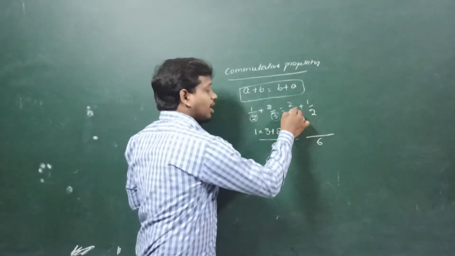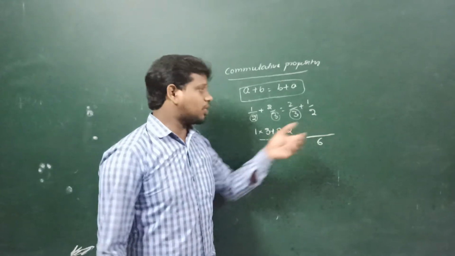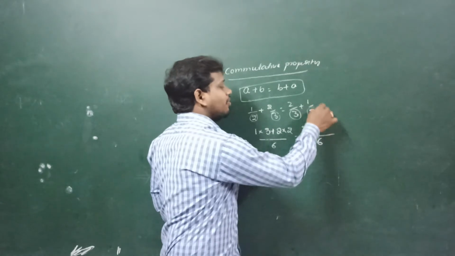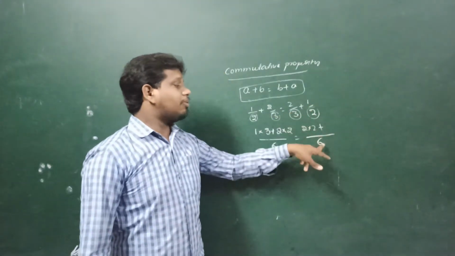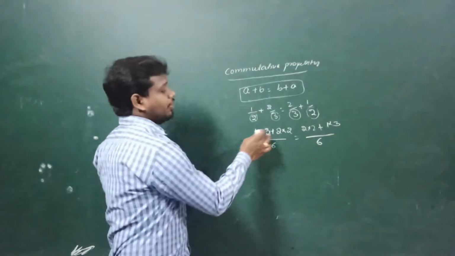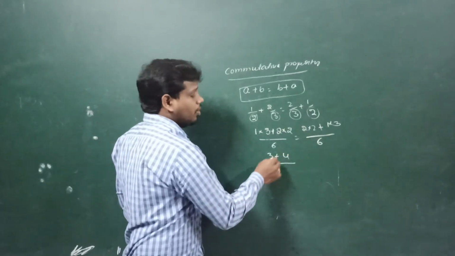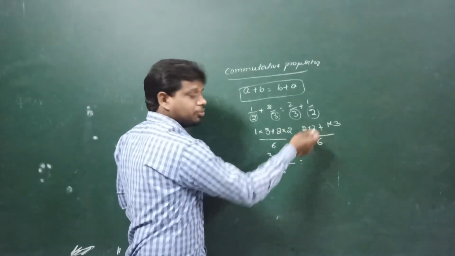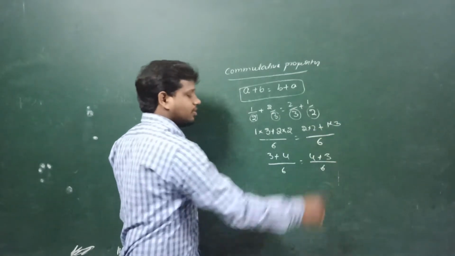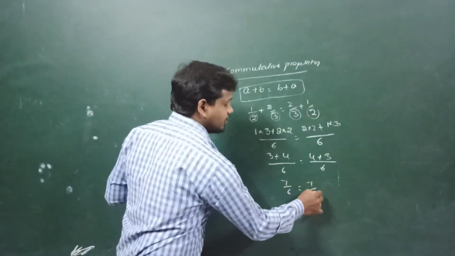Again here the denominator is 3, so in the 3 table when will you get 6? 2, so multiply this with 2, plus here the denominator is 2, in the 2 table when will you get 6? 3, so 1 into 3. So now 1 into 3 is 3 and 2 into 2 is 4, by 6. 2 into 2 is 4 and 1 into 3 is 3, by 6. That equals 7 by 6 and 7 by 6.